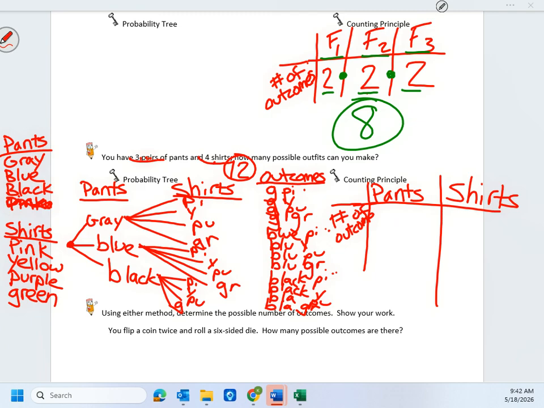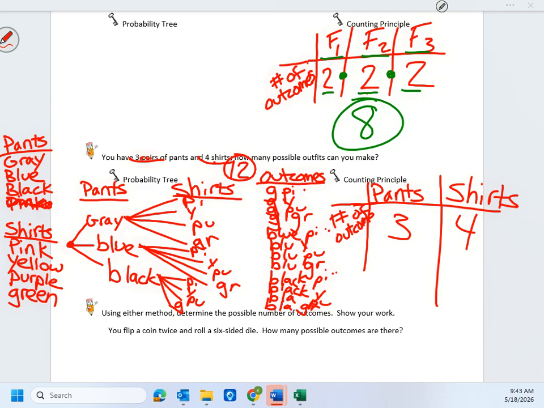We have 3 pairs of pants. Right? Yeah, 3 possible outcomes. It could be gray, it could be blue, it could be black. How many possible outcomes with the shirts, Leo? 4. It could be pink, it could be yellow, it could be purple, it could be green.